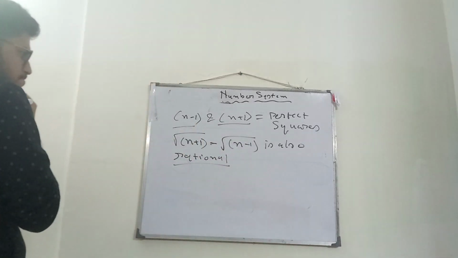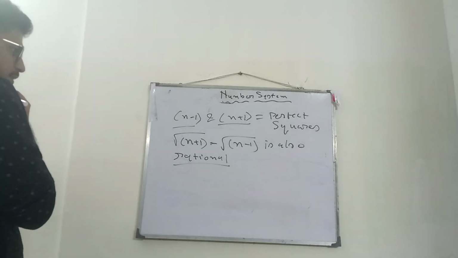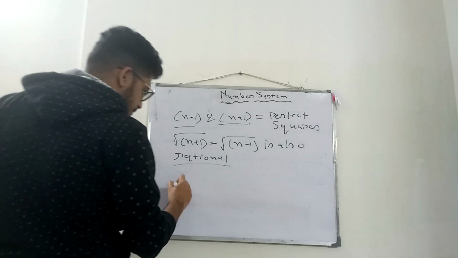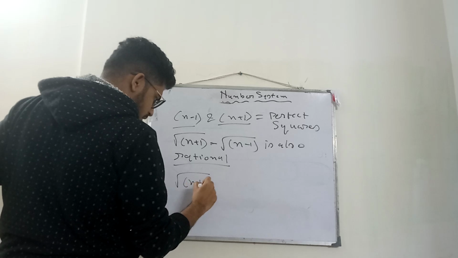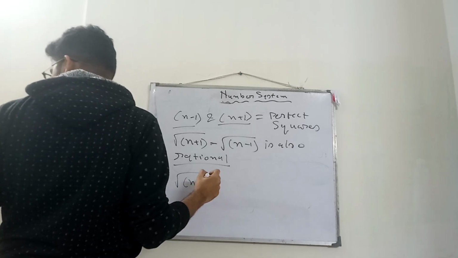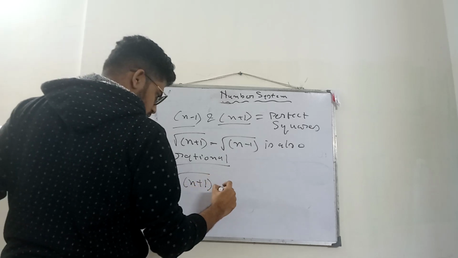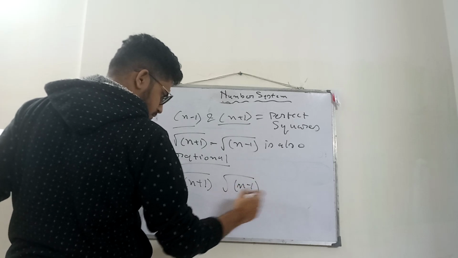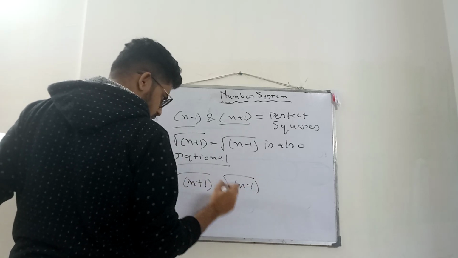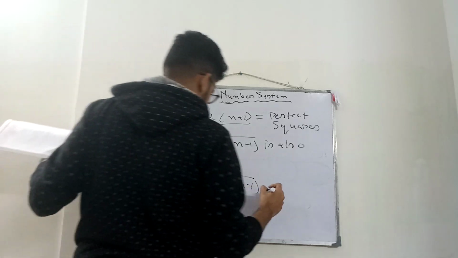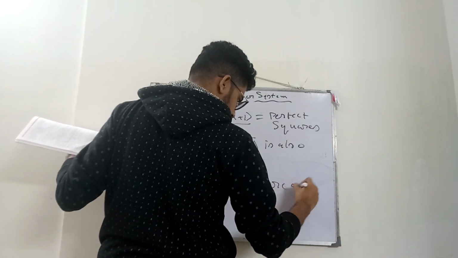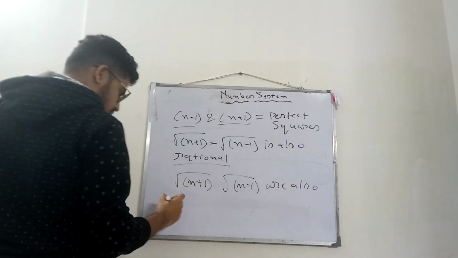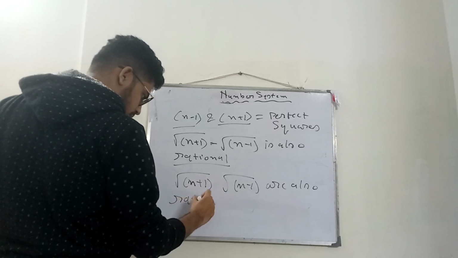Okay, then root n plus 1 and root n minus 1 are also rational.